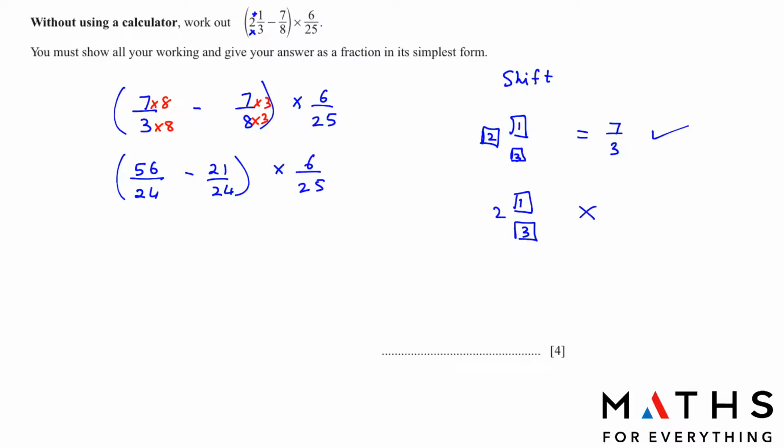Now that you have a common denominator, this you can put in the calculator and you will get 35 over 24 multiplied by 6 over 25. This thing now you can put in the calculator. You will get 7 over 20 and you will get your full marks.